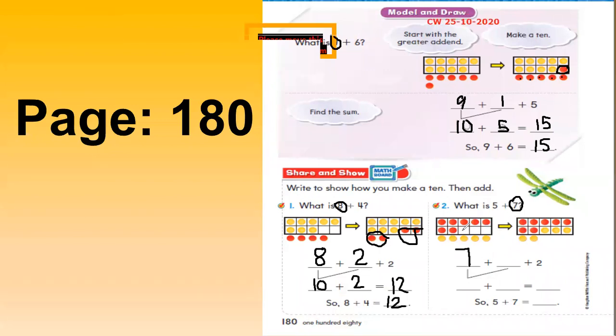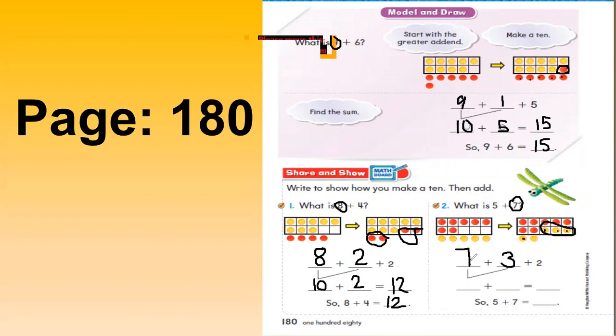And then how many I fill in to make it the 10 frame? Look at the different color here. How many did I make it? Yes, we have 3. 1, 2, 3. Yes, and the remaining one is 2 here. 1, 2.